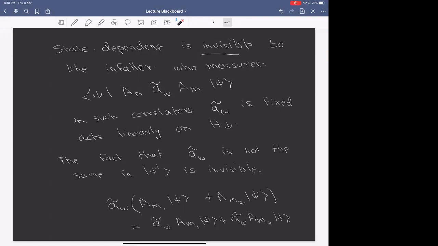But just a follow up. Is it even reasonable to try and talk about this? Because if you are actually an infalling observer, then you will just see naturally that basis of states, right?